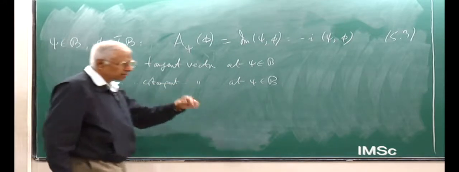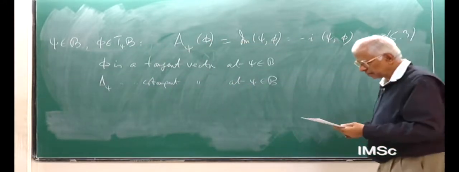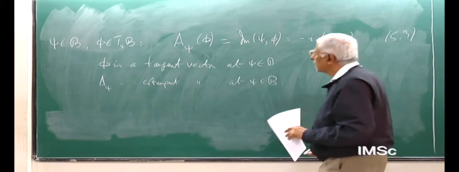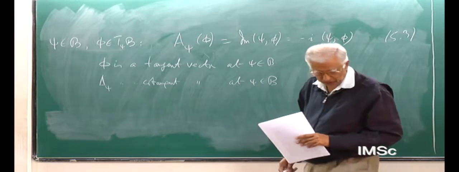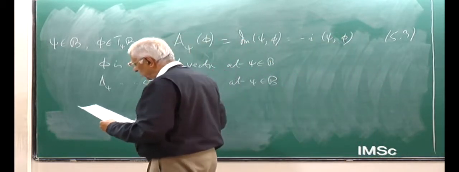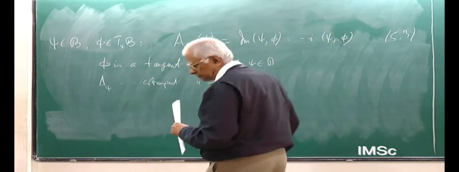So this is how the one form A is defined. This particular one form. Okay. You can have other one forms as well, with various definitions. So this particular one form A is defined in this way.